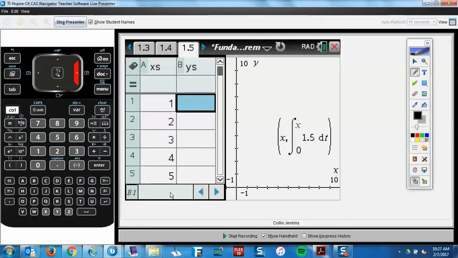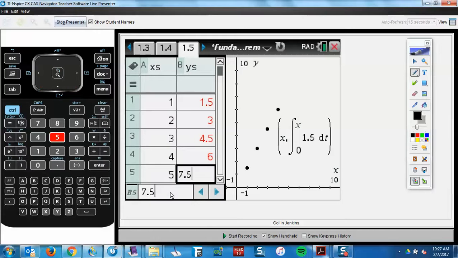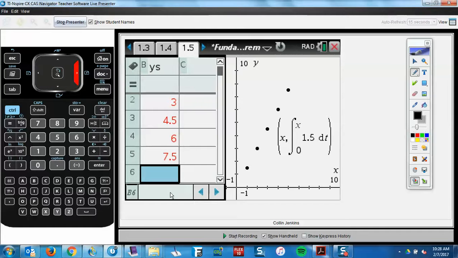What did we have at 1? 1.5. That was our area. What was the next one? 3. Next one? 4.5. These are easy. It's going to get harder next time. 4.5, 6. And we didn't do it, but it'd be 7.5. And sure enough, it looks like we get a line that has a slope of 1.5. Okay, go to the next page, Colin.